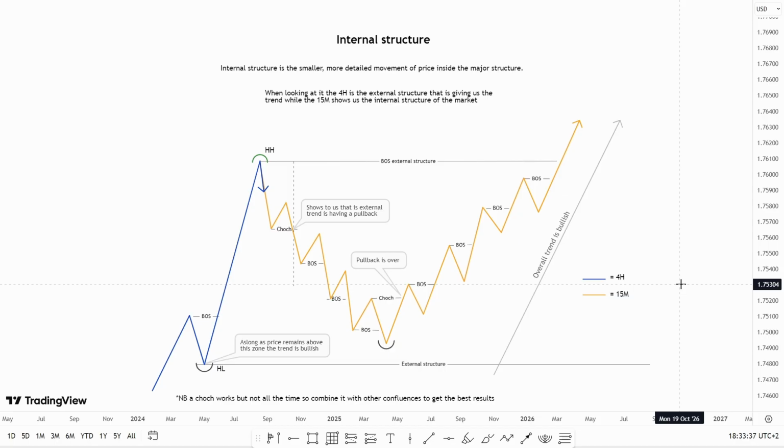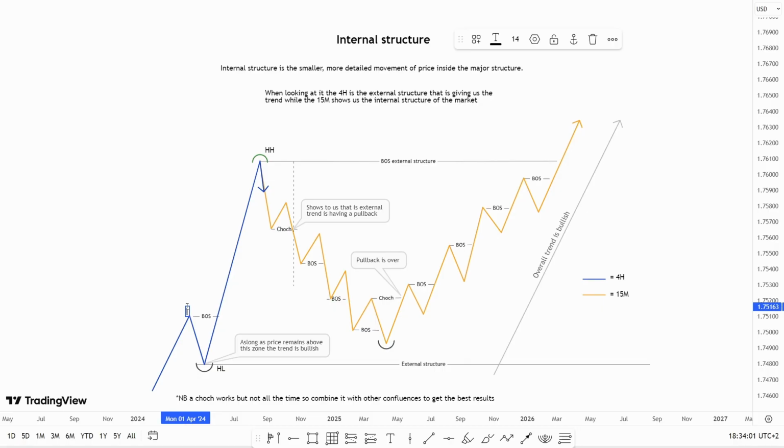So now we're going to be using 4 hour as our external structure and 15 minutes as our internal structure. As we can see, price came in from the higher high, price retraced from the lower high. This was our strong swing point before price broke above this zone. We can call it our higher high.